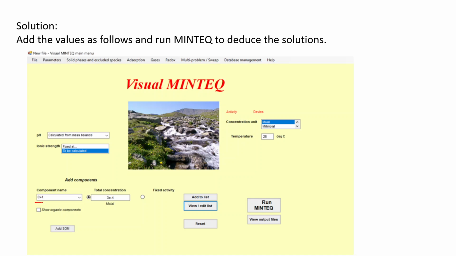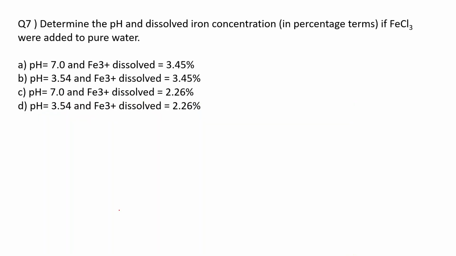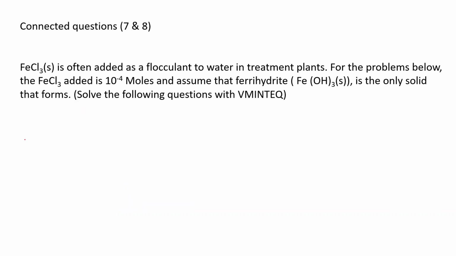We have added the compound name Cl and added 3 into 10 raised to power minus 4 as given in the question. Because when FeCl3 dissociates, what will happen? FeCl3 gives Fe3+ and Cl negative.